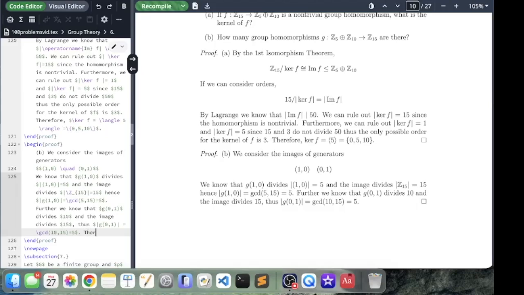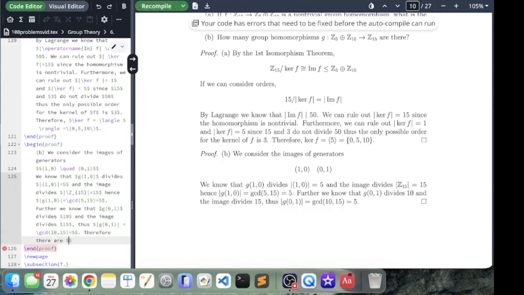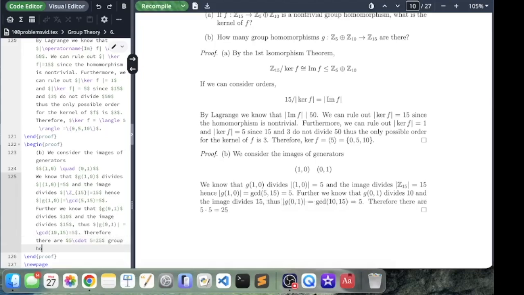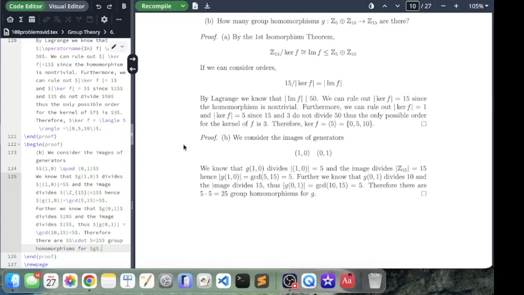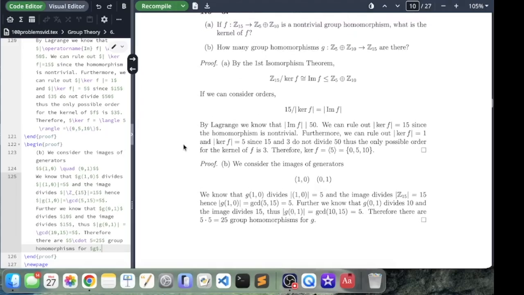Therefore, there are 5 times 5, there are 25 group homomorphisms for g. And that's that.